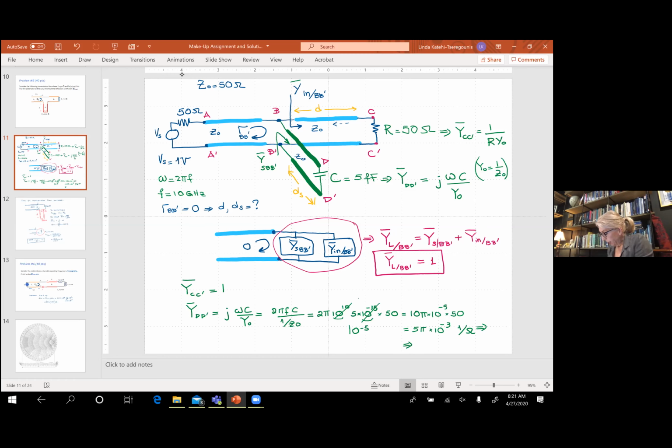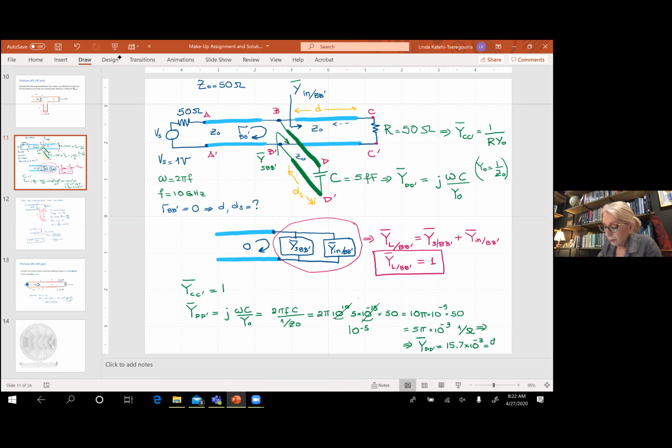So practically if we have 5 pi to be approximately, so here 5 times pi gives us about 15.7. We have that y at d prime equals 15.7 times 10 to minus 3, 1 over ohm, which makes it, well, 0.